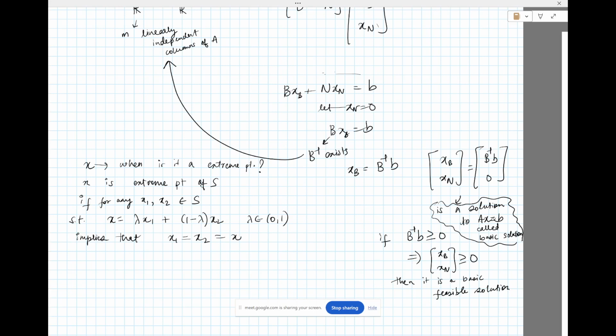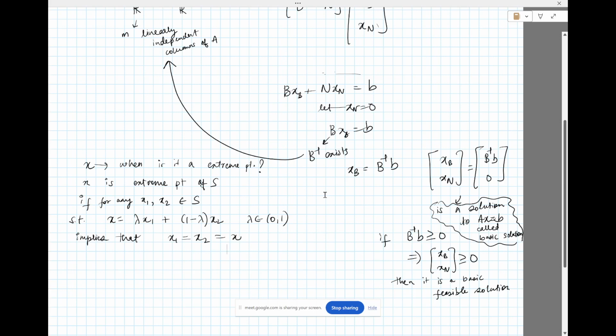Okay, that is the definition of extreme point. Is it clear? Yes, sir. So you can't write it as a convex combination of any other points. Basically, it is a convex combination of itself. Yes, got it.